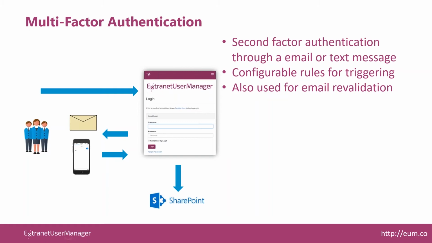It's just too much work to do that. So the email revalidation basically says, every 3 months or 6 months or whatever frequency you decide, as they log in, they're going to have to go through that second factor authentication with their email to confirm that they still own that email address. So it's a nice simple way to make sure that the people that are coming into your extranet actually still work for the organizations that they belong to according to the extranet.